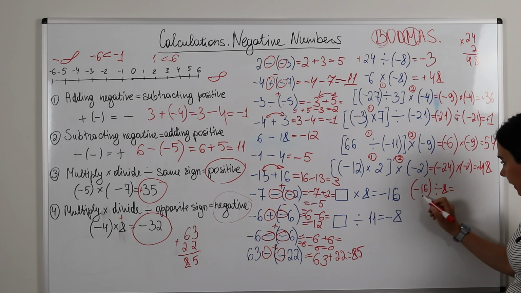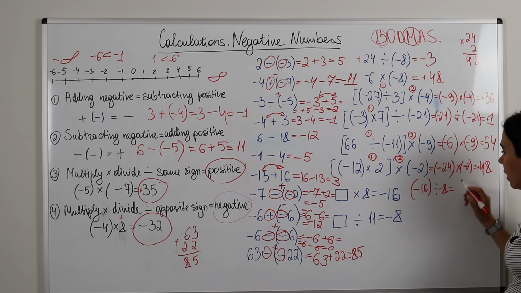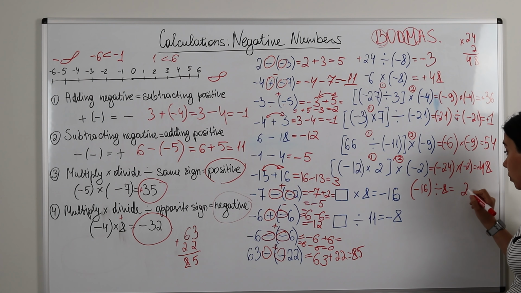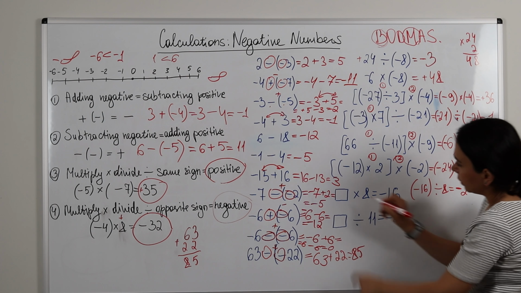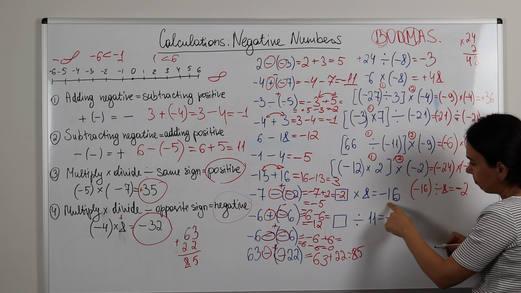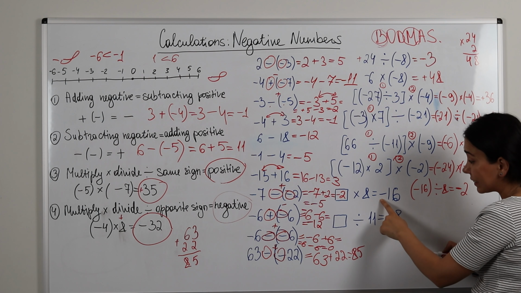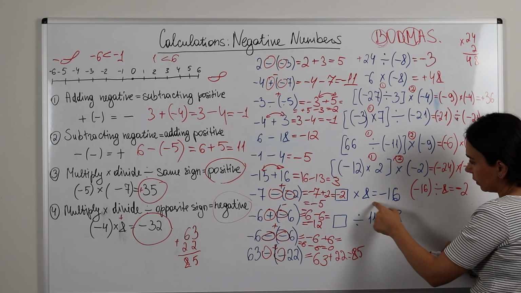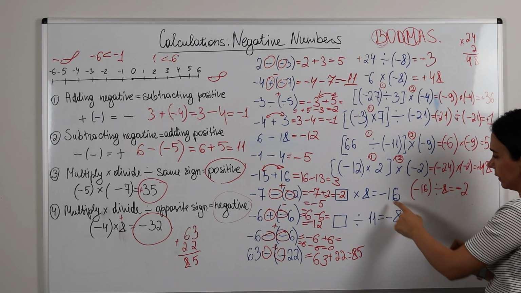We have minus 16 and we have positive 8. 16 divided by 8 is 2. Since the signs are opposite, we've got minus 2. And let's double check. If we put minus 2 here and we multiply it by 8, that would give us minus 16. Okay? 2 by 8, 16, correct. And since the signs are opposite, that's minus 16.